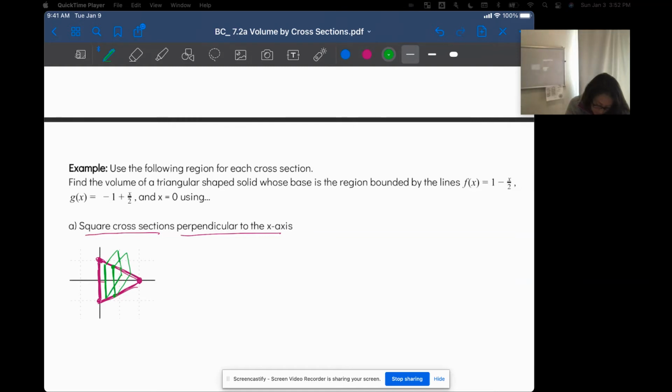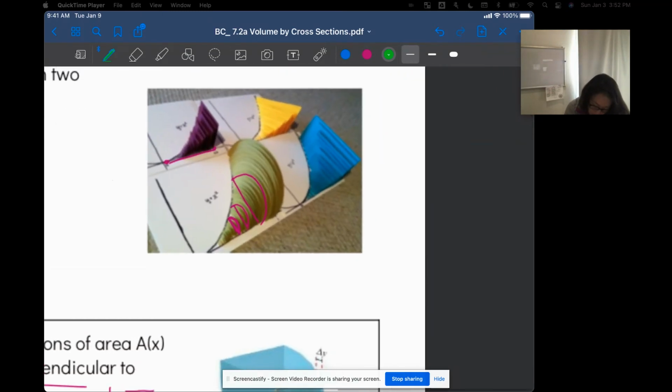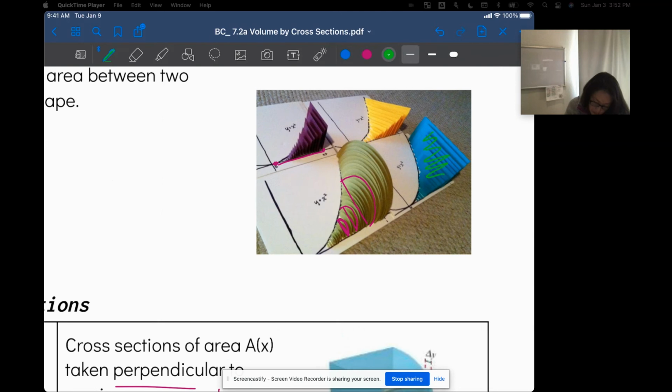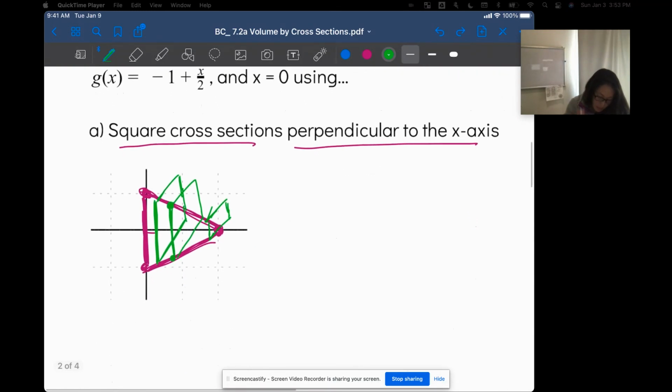What I need to find is the volume of this whole green three-dimensional object. It would be kind of like this purple one right here. Similar, but not the same, because the base is a triangle instead of a square.